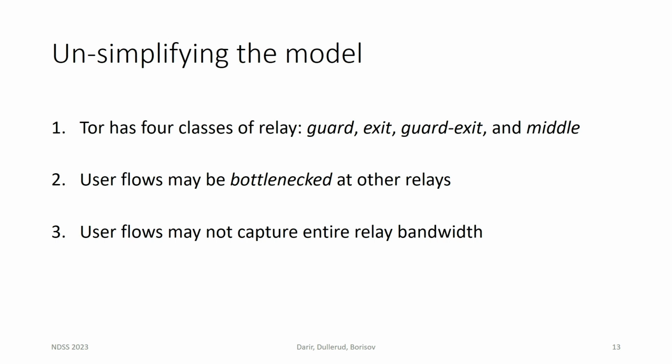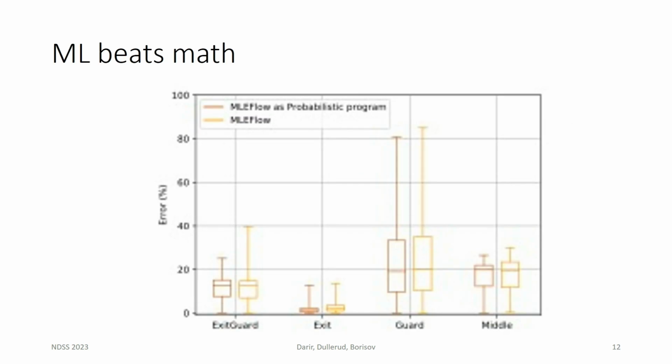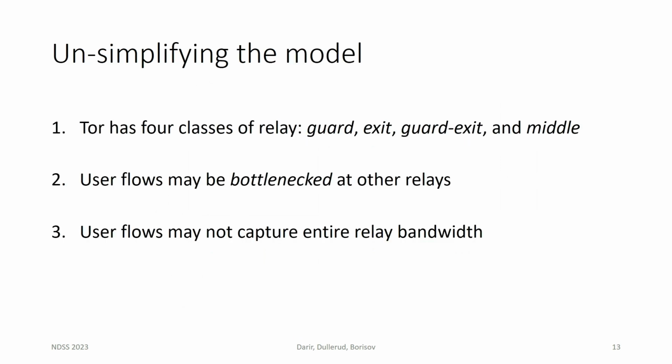So one of the things is, if you look at the last slide, there's actually 4 classes of relays that Tor has. Our model in the PETS paper didn't capture this at all. And so as a result, it worked well for some classes and not so well for others. So we changed our model to capture these classes.